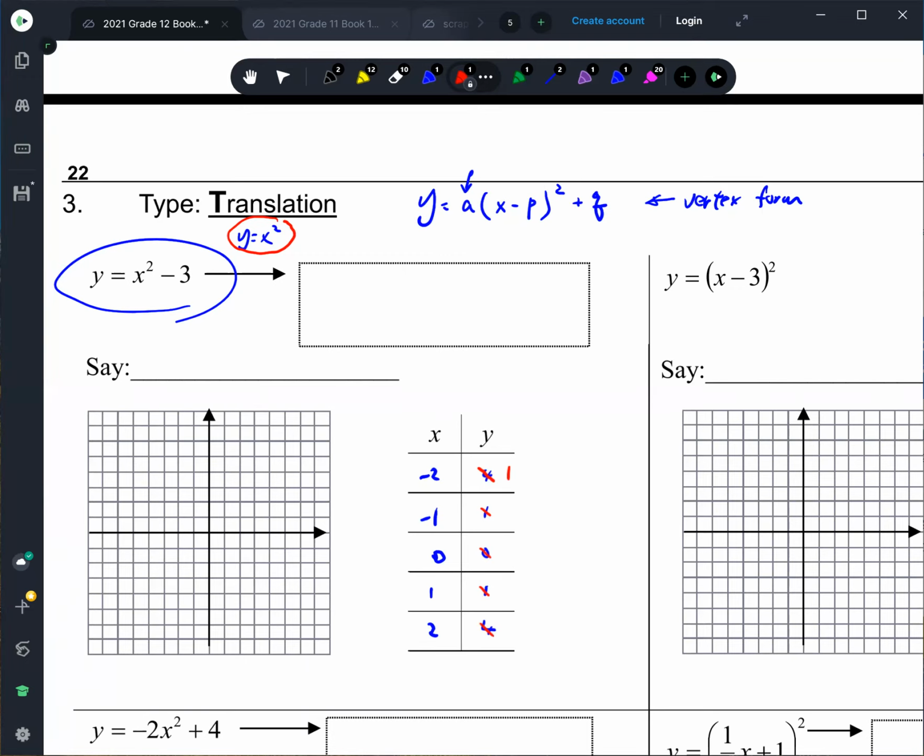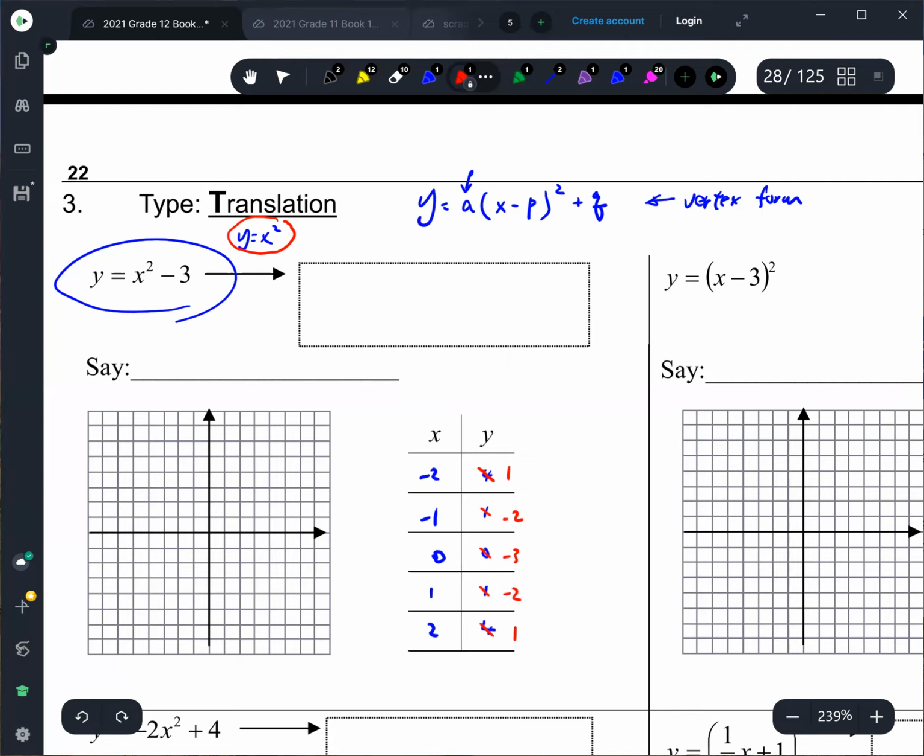All right, so Nick, can you tell us the y values for these ones? So it would be 1, that's the first one, and then -2, and then -3, and then -2, and then 1.